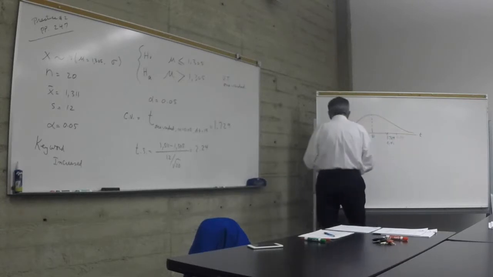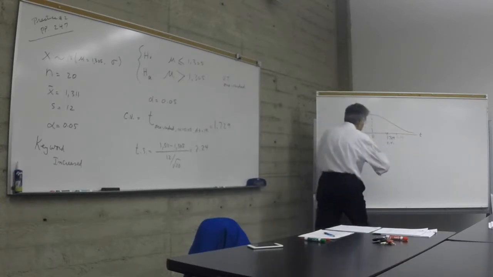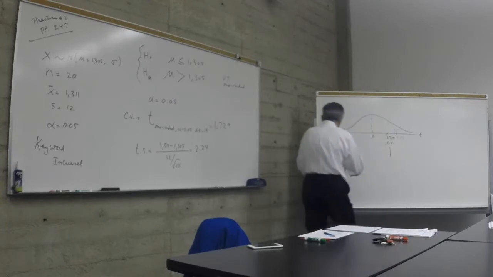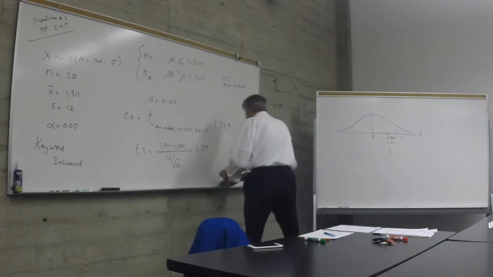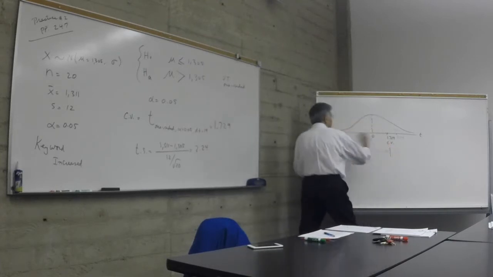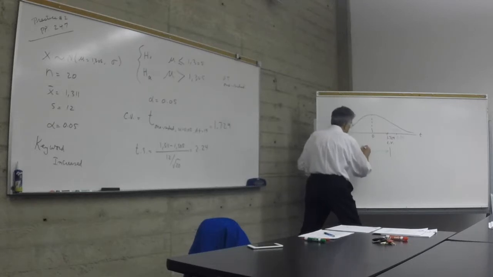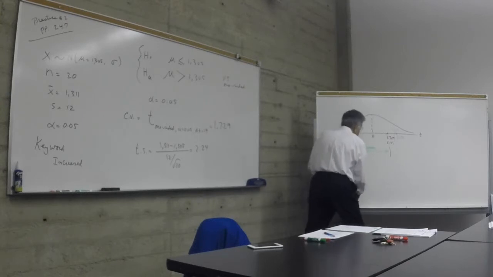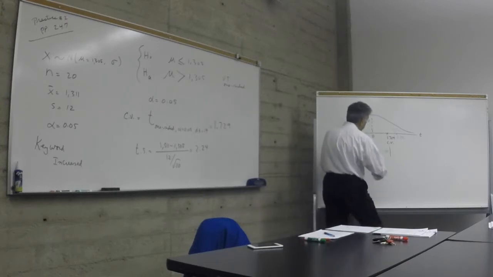Now, for this type of test, we're going to have only two regions here. There's an acceptance region to the left, and a rejection region to the right.